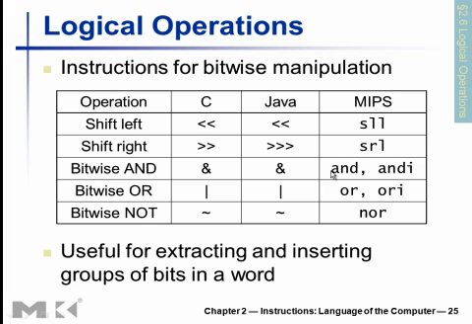Similarly, we have shift right logical, SRL, and bitwise AND, like AND or ANDI. Any instruction name followed by I represents immediate addressing, meaning the instruction comes with a 16-bit immediate value, while AND itself is the R-type instruction where all operands are in registers.